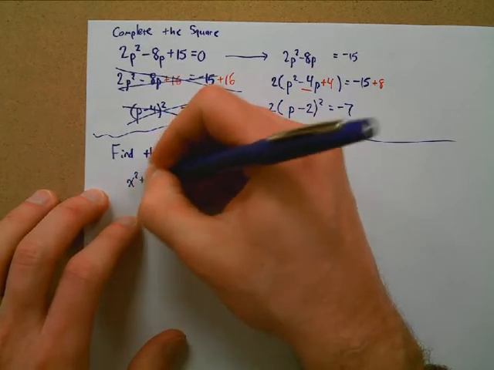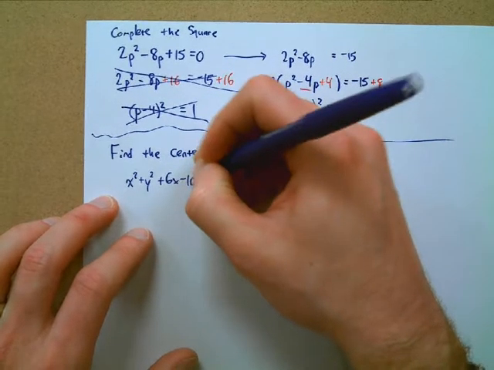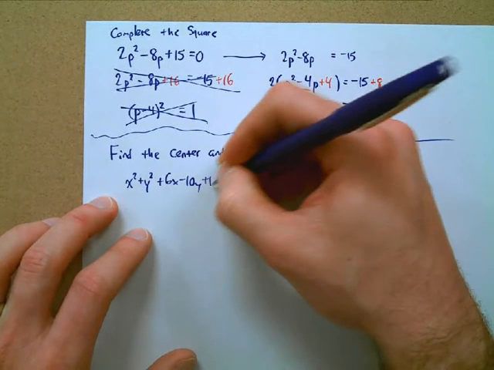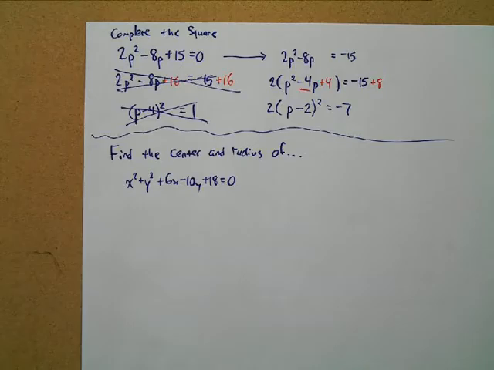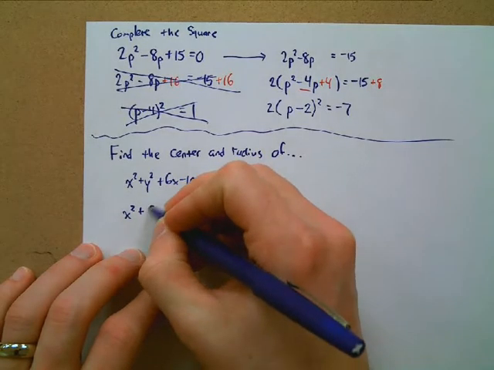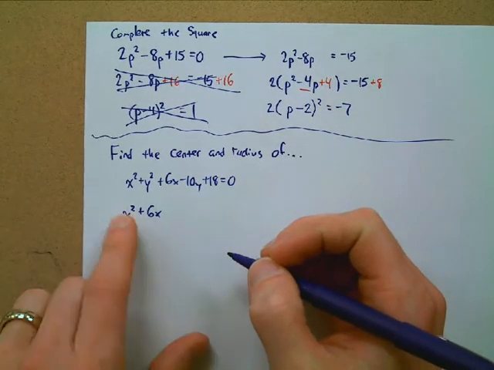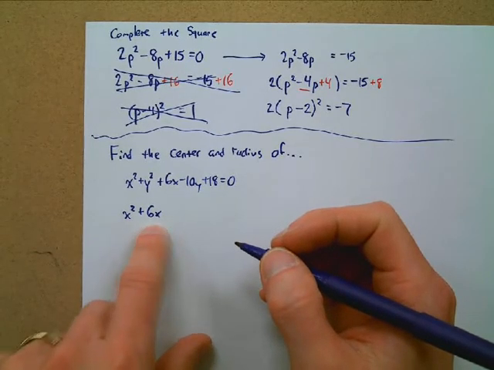So first thing we want to do, move that 18 over, and then also rearrange our terms so that our x squareds and x's are together. That's going to be one square we'll have to complete, and then we'll also rearrange the y squared and the y terms. That's going to be another square we're going to complete, and then that'll equal negative 18 because we subtracted the 18 over.